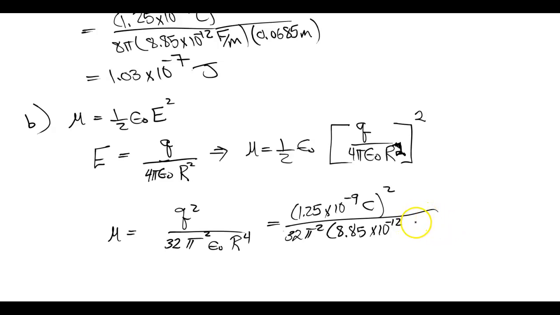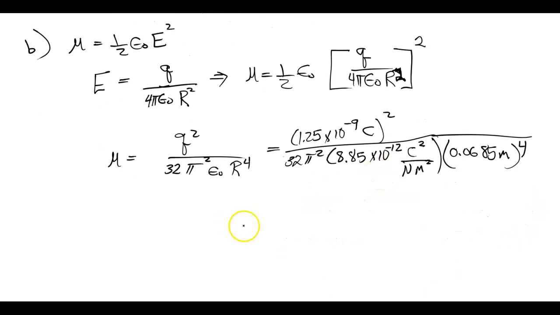Since we're looking for units of energy density, we can rewrite this in terms of coulomb squared per newton meter squared, times the radius, which is 0.0685 meters quantity to the 4th. Do these calculations, and you should get about 2.54 times 10 to the minus 5th joules per meter.